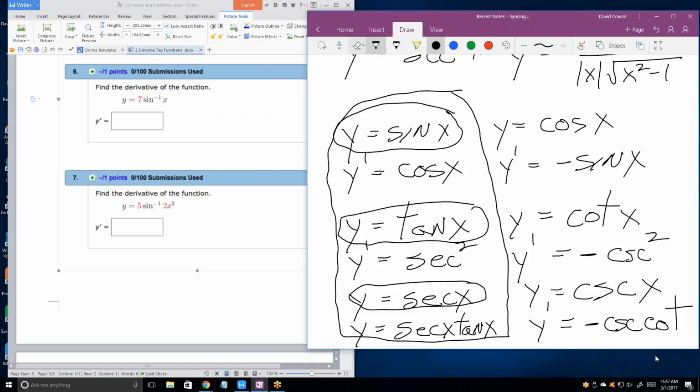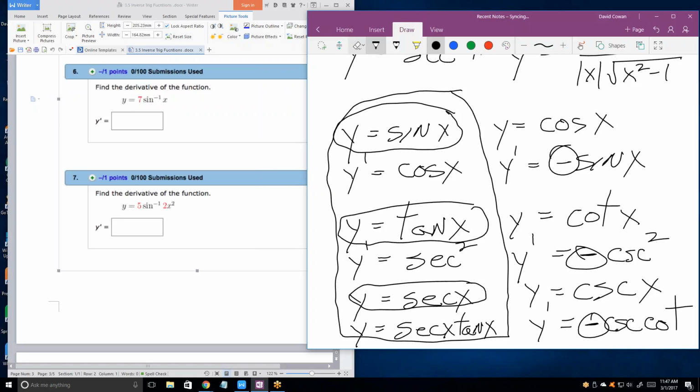That's it. You don't need to memorize these three over here. You know that the answer to the cosine, first of all, is negative. There's a negative there, a negative there, and a negative there. So when you take the derivatives of the cofunctions of your primaries, you know the answer has to be a negative.